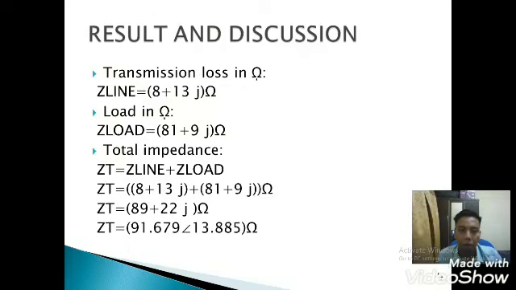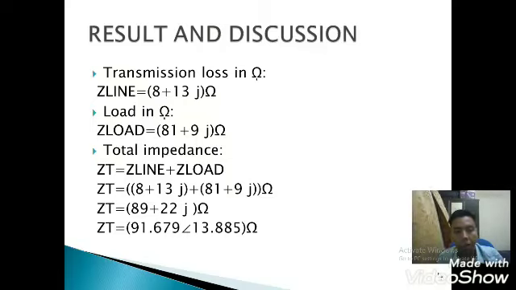Next, for transmission loss in ohm, we call Z line is equal to 8 plus 13j ohm. Then load in ohm, we call Z load is equal to 81 plus 9j ohm.